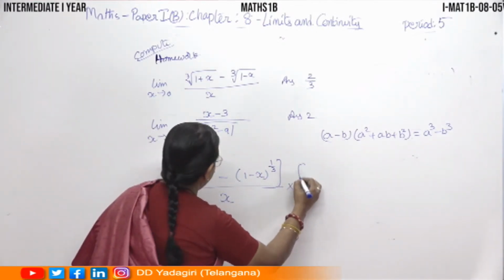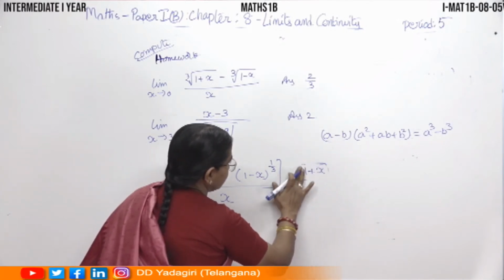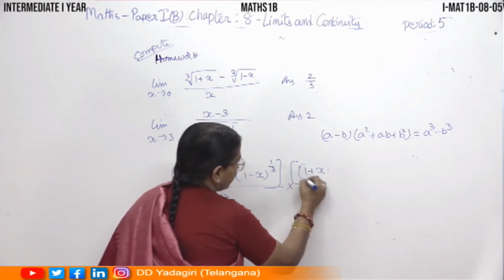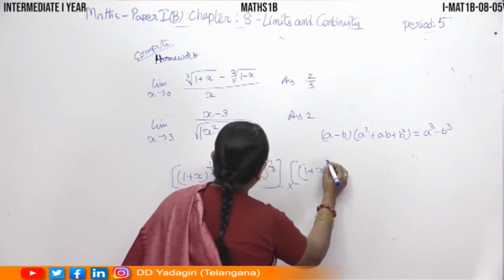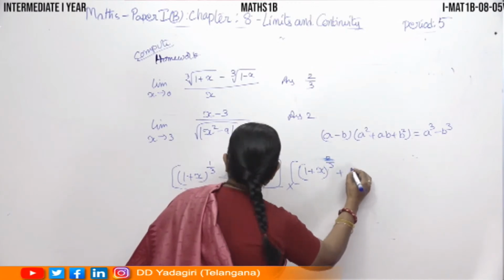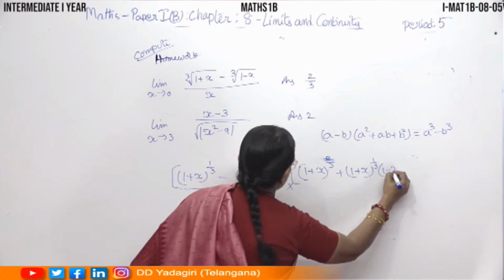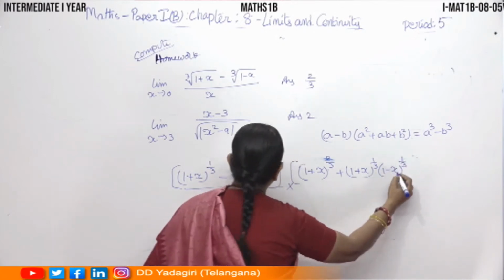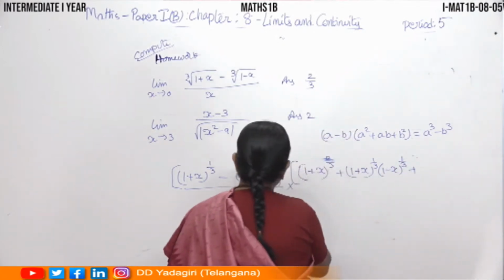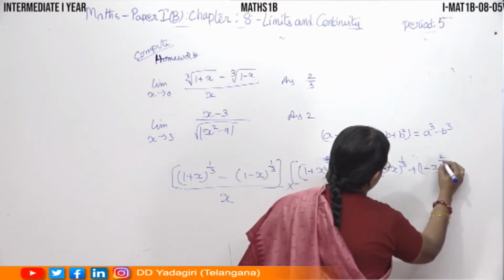So you can multiply and divide by 1 plus x whole to the power 2 by 3, that is a square, plus ab, which is 1 plus x whole to the power 1 by 3 into 1 minus x whole to the power 1 by 3, and then plus b square, which is 1 minus x whole to the power 2 by 3.